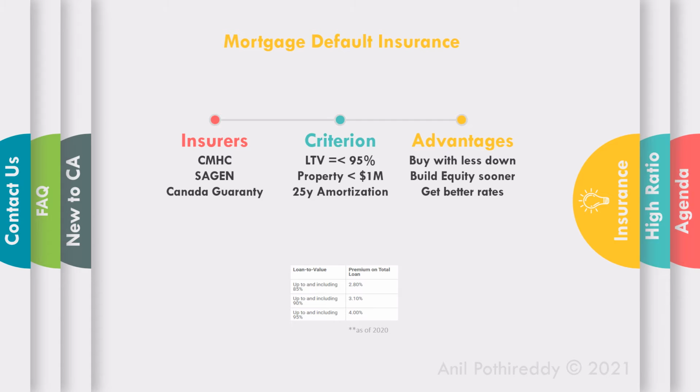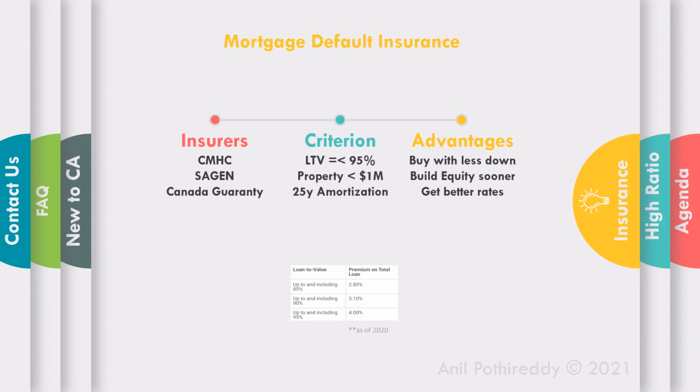In case the property value is over $500,000, we need to have 10% down payment for the amount greater than $500,000. For example, for a $700,000 property, we need 5% of $500,000, which is $25,000, and 10% of the next $200,000, which is $20,000. So we are looking at a total down payment of $45,000 for a $700,000 property.